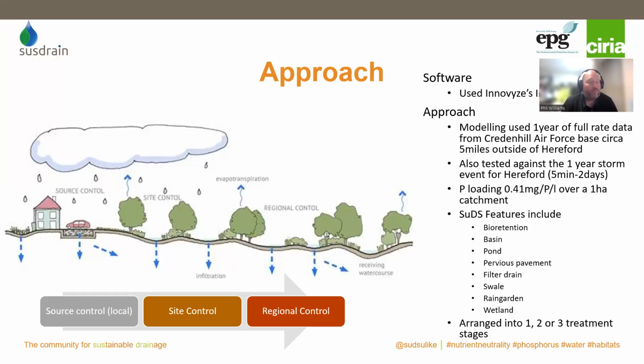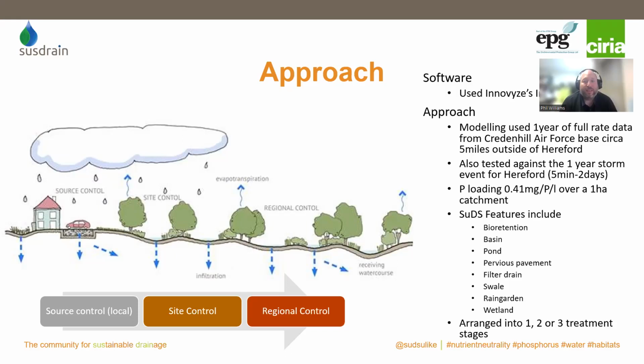What I did as part of my part of the CIRIA report was to take the data that Joe and Louise and Phil, the other Phil, identified, and actually put it into a SuDS model. So if I was designing a traditional SuDS design, what would we be seeing in terms of the actual reductions that Joe was talking about?